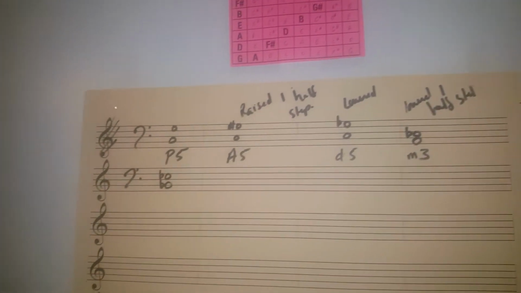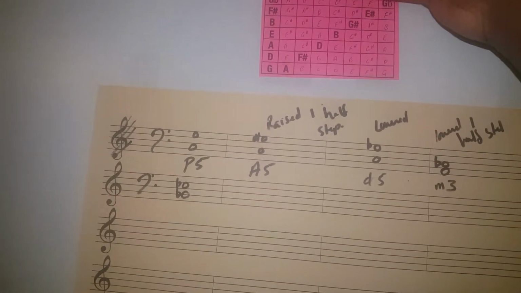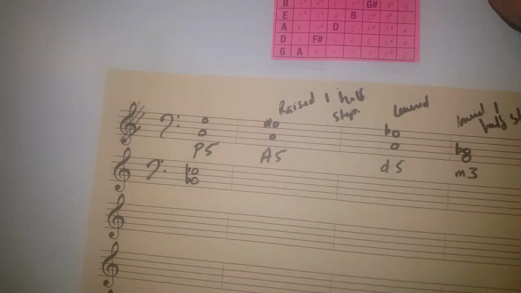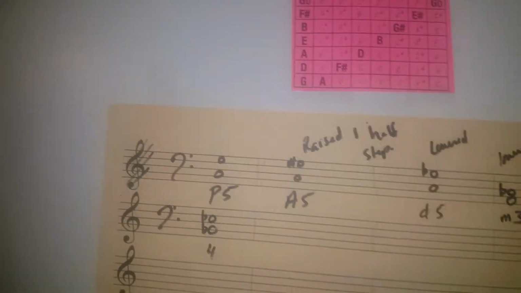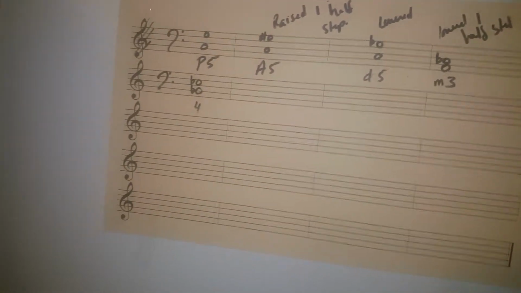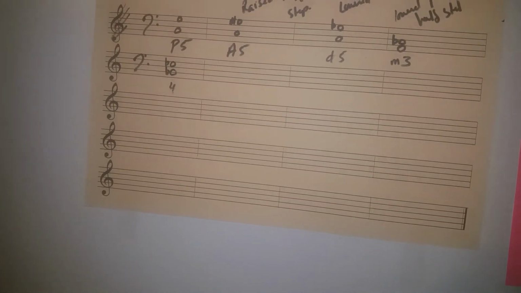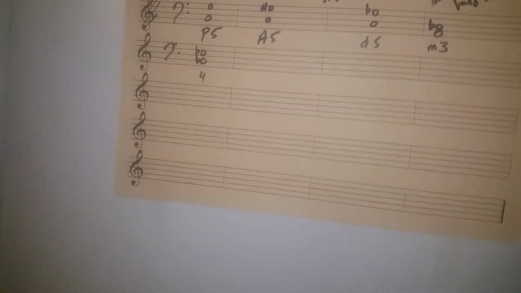First of all, let's find out the interval quality. So we have B flat, C, D, E flat, that is a fourth. But what kind of fourth is it? In the key of B flat, E is already flat. It's not raised or lowered. It's already flat. It's in the key.